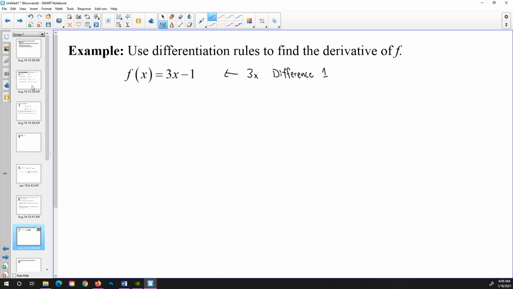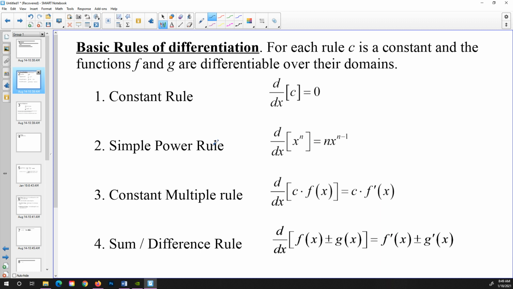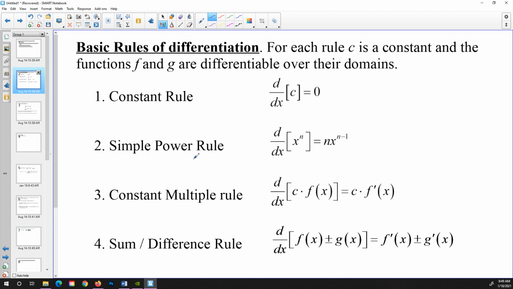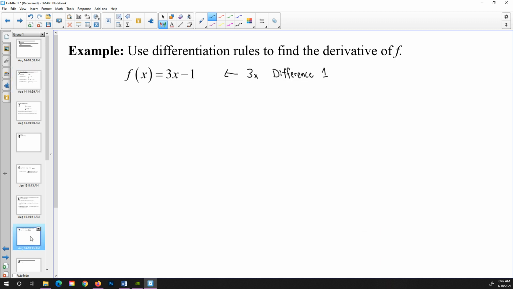So we have a few rules that we're going to apply here. First, we have a constant rule when we're talking about this 1. We also have a constant multiple rule. We have the 3 in front of the x, and then we have a simple power rule because we have x to the first. So we're going to take care of all three of those things right off the bat.